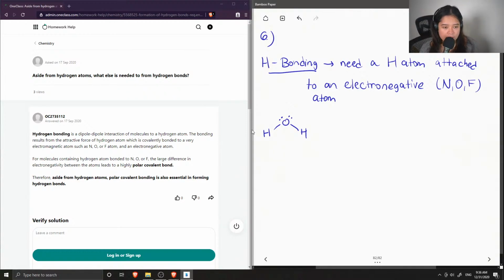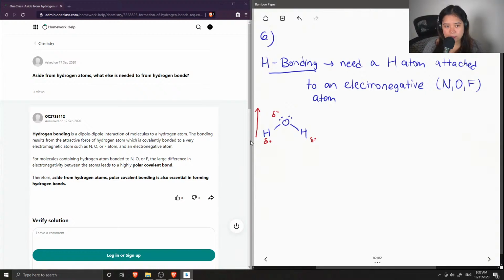So the side that contains the oxygen has a partially negative charge, and the side of water that has the hydrogens will have a partially positive charge. So we can show that this water molecule has an overall dipole moment in the direction towards the oxygen.